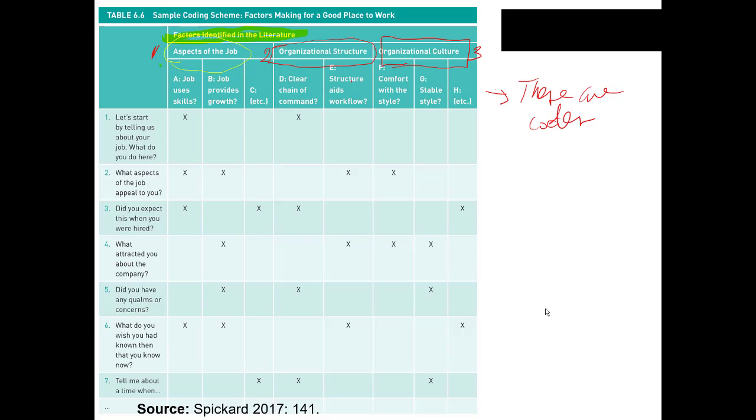So the first question: let's start by telling us about your job. What do you do here? And so you can find out what they actually do, you can find out if there's a clear chain of command. Here they tell you what you do, and then in later questions, like what aspects of the job appeal to you, one of the things people might say is, well, those skills I talked about up here, I had none of those before I came here, and I still don't really have them.